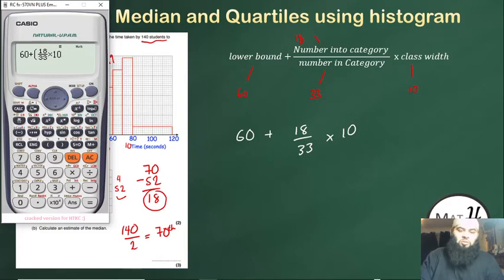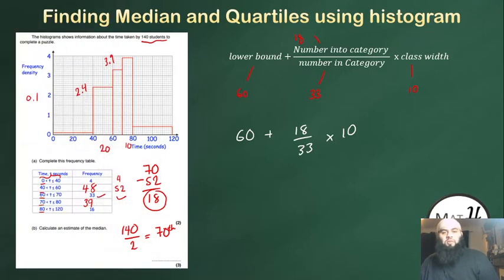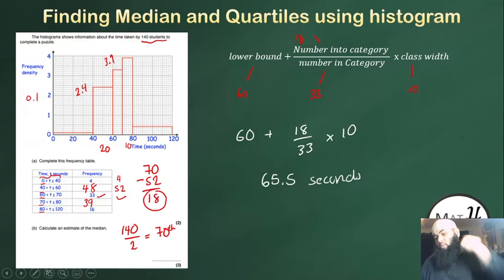When we do this, we get the following answer, which is 65.5. So your median is 65.5 seconds, which is the time we found out for the median.